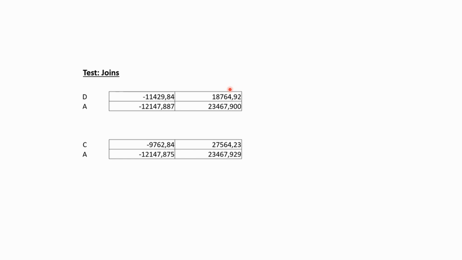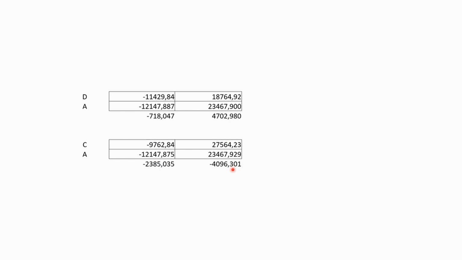Now we can say that's correct, but we still need to test it with joins. You always test a join or polar with a join, and a join with a polar. So we calculate our delta Y and delta X values for DA and for CA by taking A's Y coordinate minus the first Y coordinate, for example A's Y minus C's Y, to get our delta Y's.